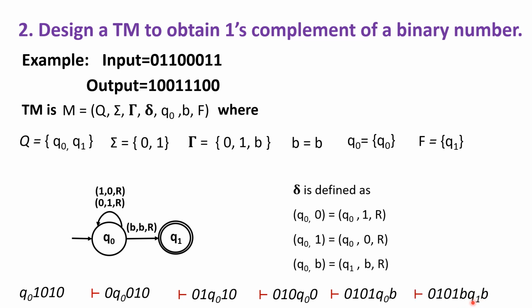Since Q1 is the final state, the string 1001 is replaced as 0110. So this is the complete definition of the Turing machine which obtains one's complement of a binary number.